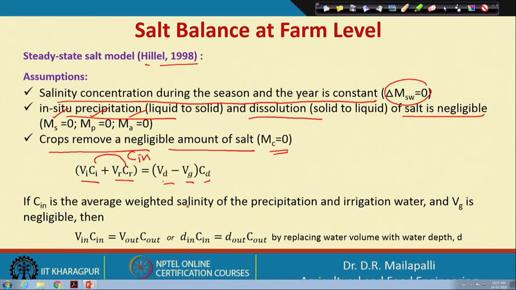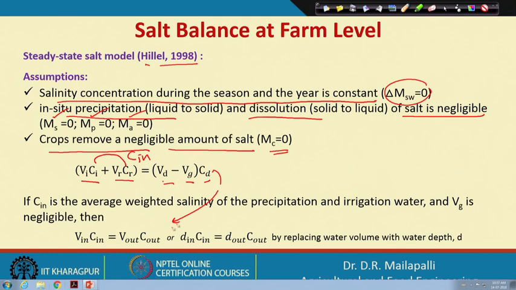So, there is less inflow of upward water, or capillary water, from the water table to the root zone. Then the equation can be written this way: V in C in, where C in is the average concentration of salts of irrigation and rainfall and V in is the volume of inflow, equals V out C out.